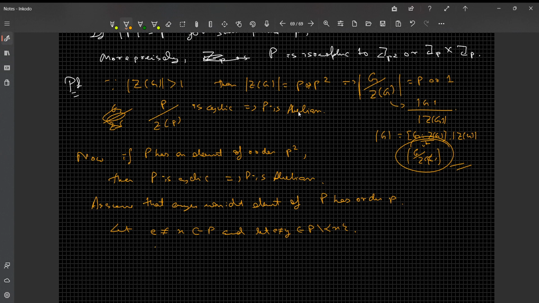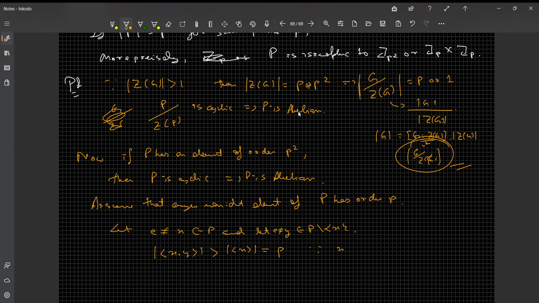Then obviously the order of the subgroup generated by X and Y is greater than the order of the subgroup generated by X, which is very trivial to notice, right? And the subgroup generated by X has order p because X is a non-identity element of P, right?